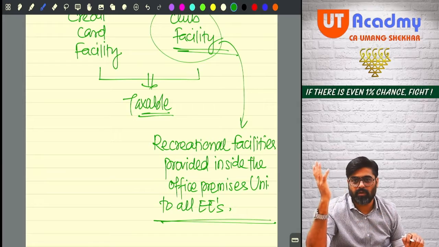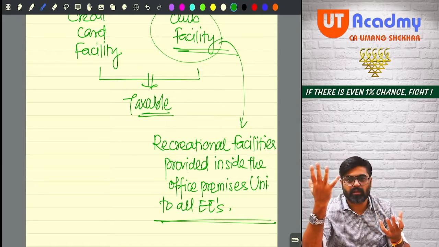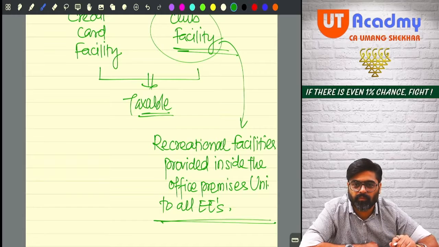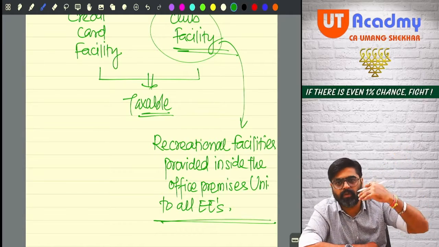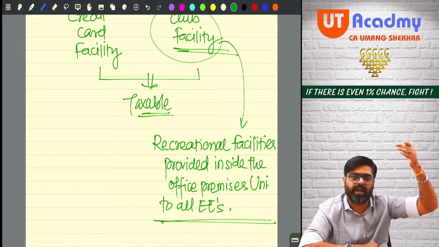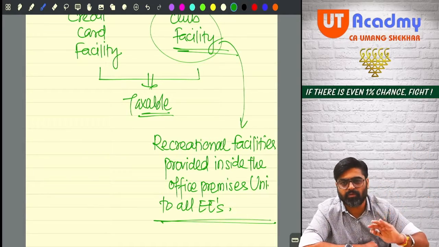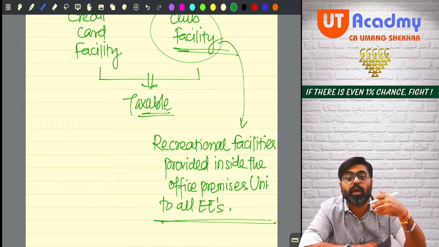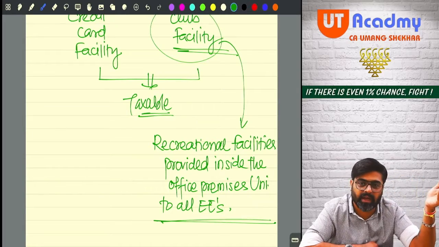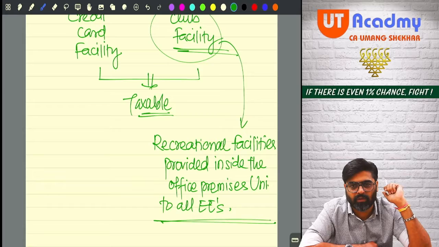So if you want, you can take care of your health, you can do some exercises in the gym also. In very big companies, big employers, from early morning you are in the office, and till late evening you are in the office, so you don't have any time to go and recreate yourself. You don't have recreational time because your entire time is spent in the office.